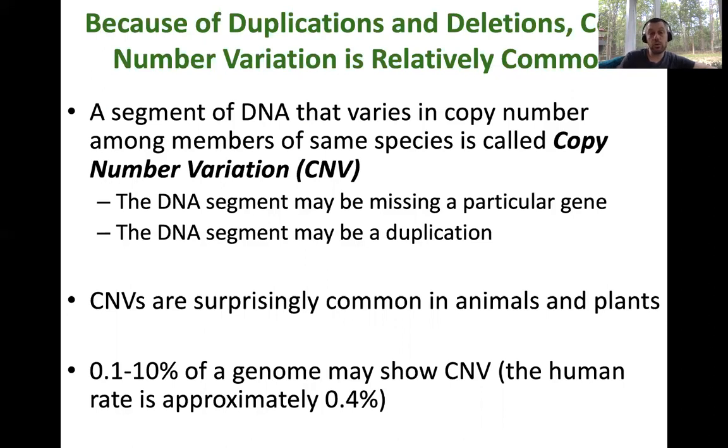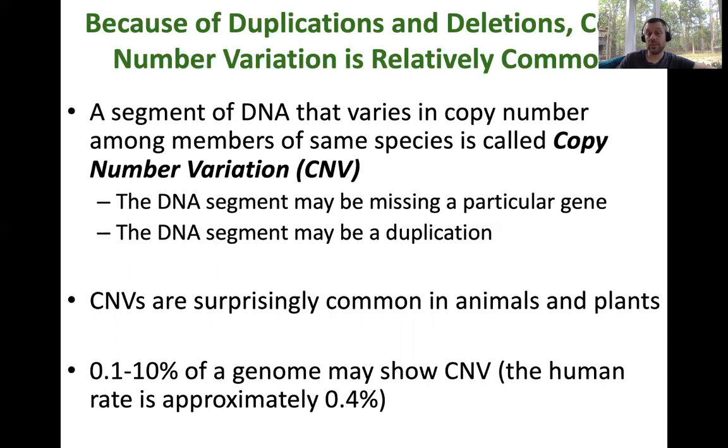Small copy number variations are very common throughout biology. Generally, from 0.1 to 10% of a genome might show copy number variation. And in your average human, it's about 0.5% of your genome, which is still a lot.